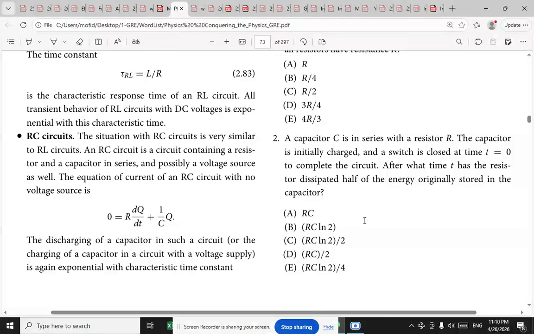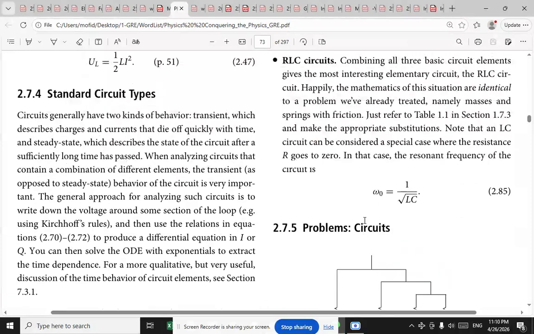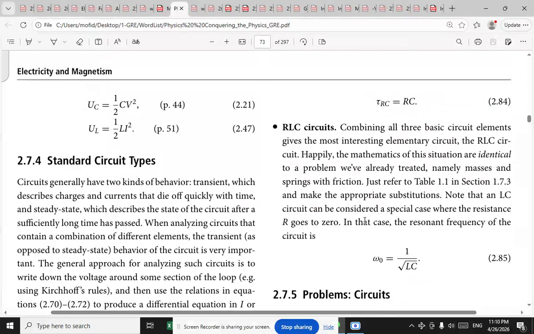The discharge of a capacitor in such a circuit, or the charging of a capacitor in a circuit with a voltage supply, is again exponential with characteristic time constant tau_RC equal to RC.